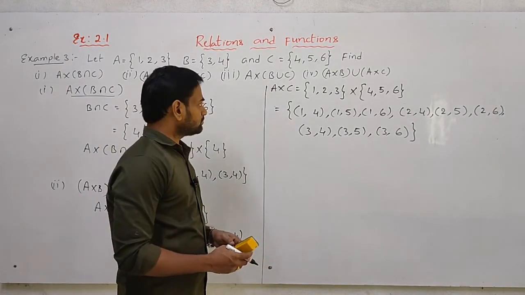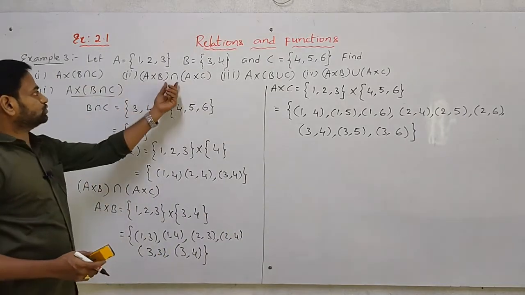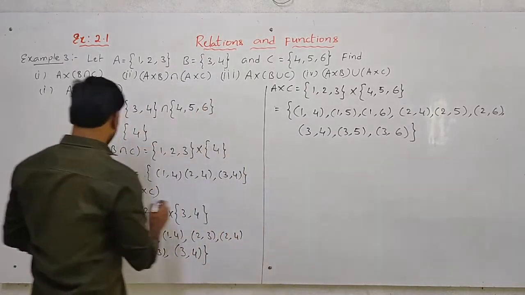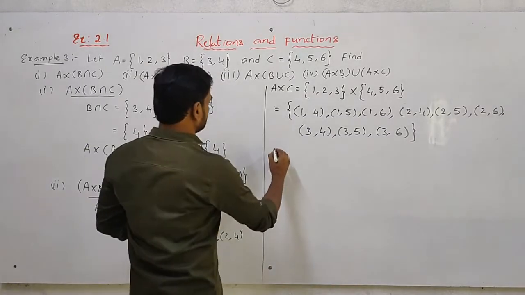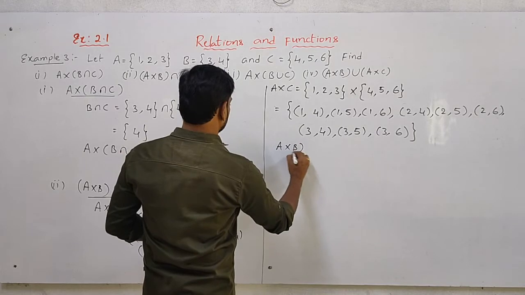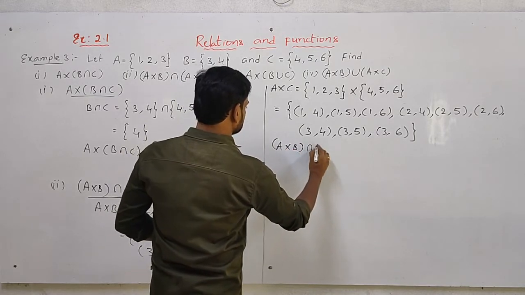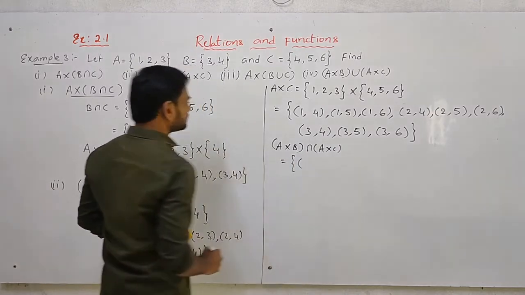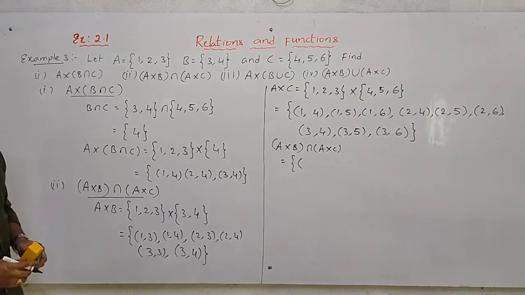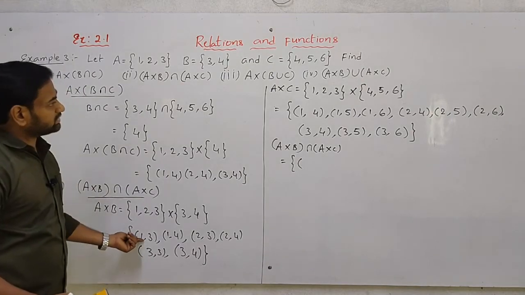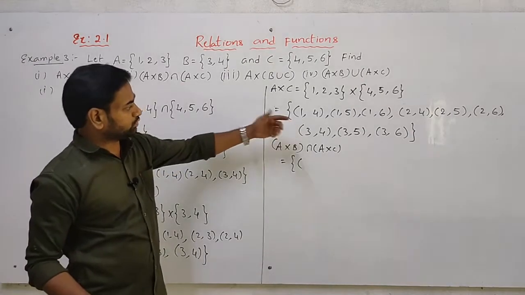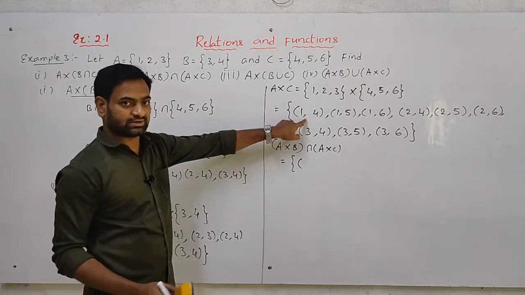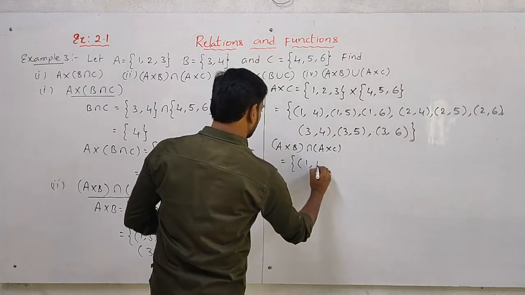Now, what is the relation between these two? That is intersection, so that one I am finding. A cross B intersection A cross C is equal to, what are the common elements for these two? See here, (1, 3) is there. Here, anything (1, 3)? No. (1, 4) is there, here also (1, 4) is there. Yes, (1, 4).